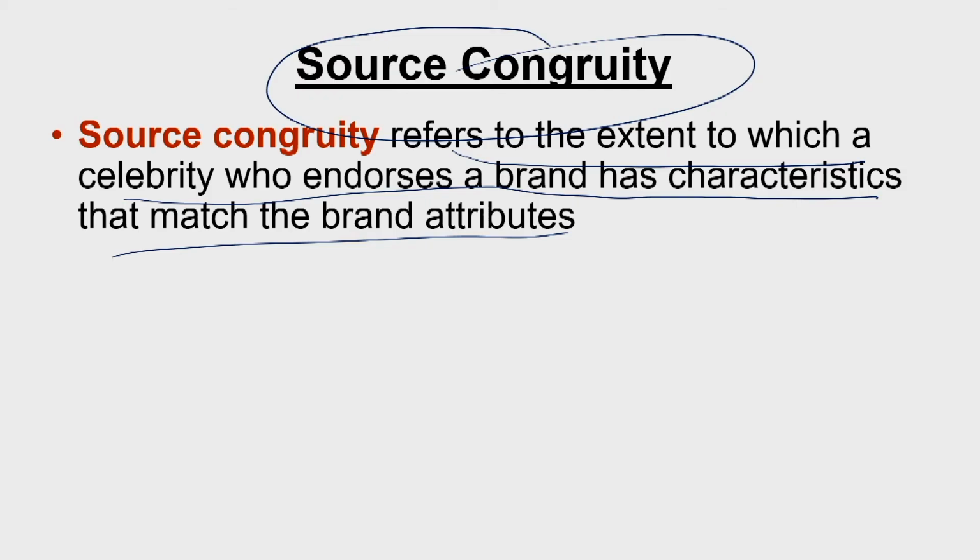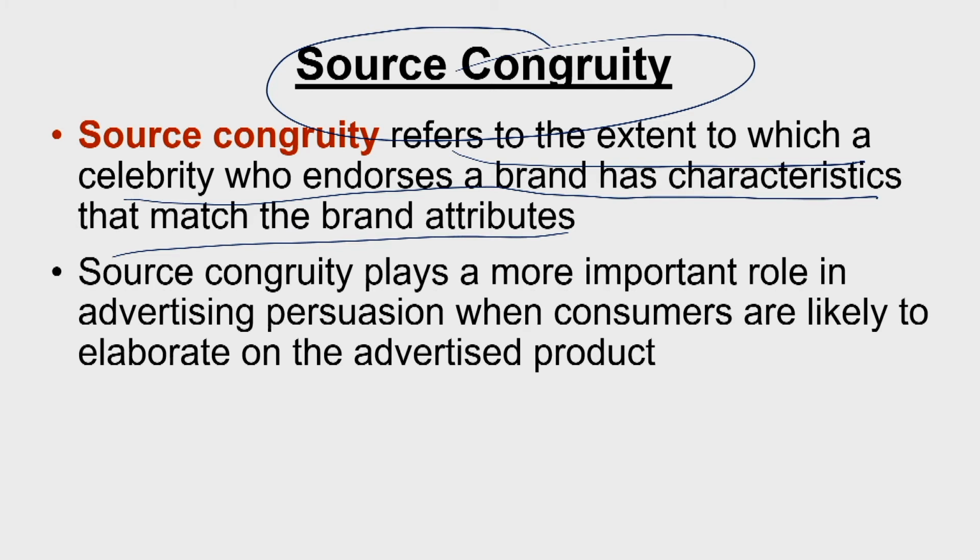And so, that is what source congruity is. The more congruent, the closer a source is to what is being advertised, the more positively he is taken, or more positively people act to his message.